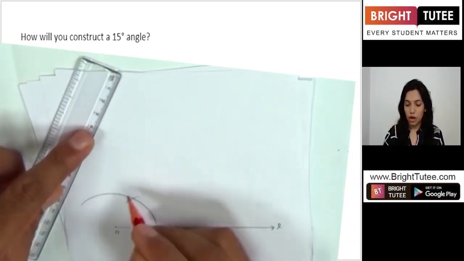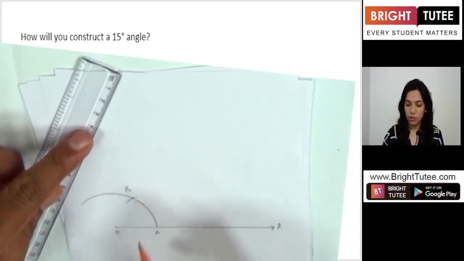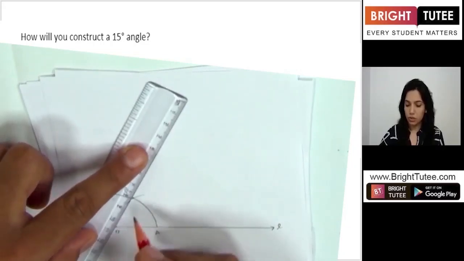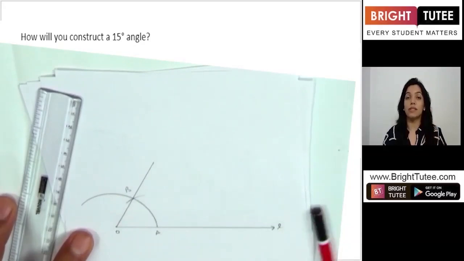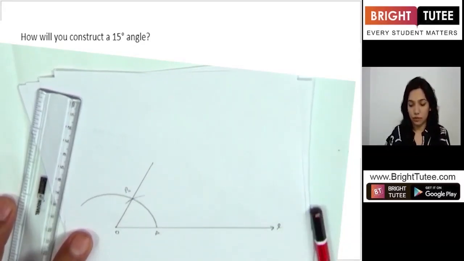Let's say this is meeting at point B. Now we join point O to point B. What we have drawn so far is a 60 degree angle. So angle AOB equals 60 degrees.